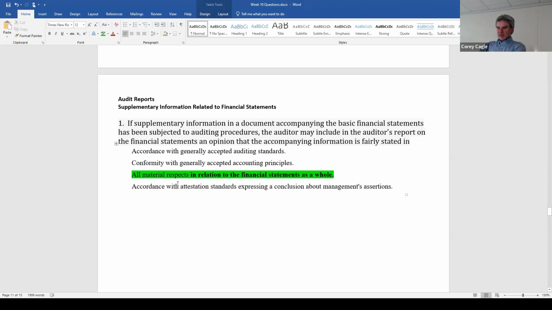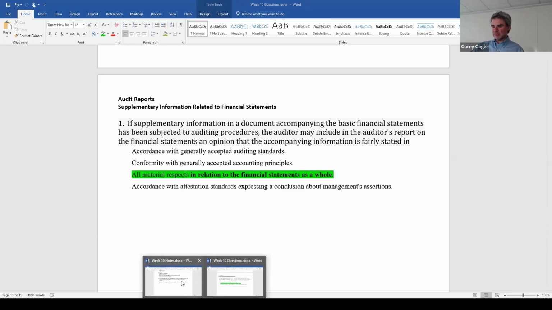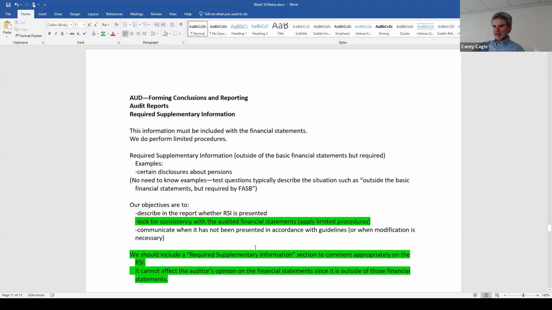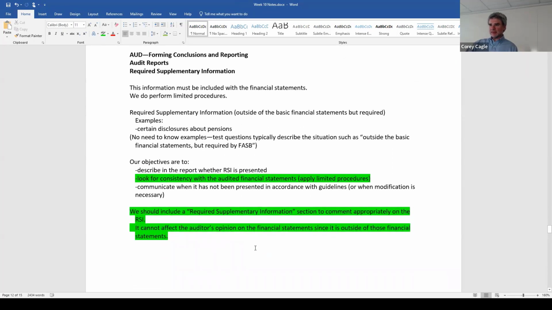Okay, so that's supplementary information that's not required or necessary, but they wanted to include it. But the next section is required supplementary information. So this is stuff that has to be included in the financial statements. And we'll do some procedures on that, limited procedures, but some. So, you know, don't get hung up on what are some examples of this.